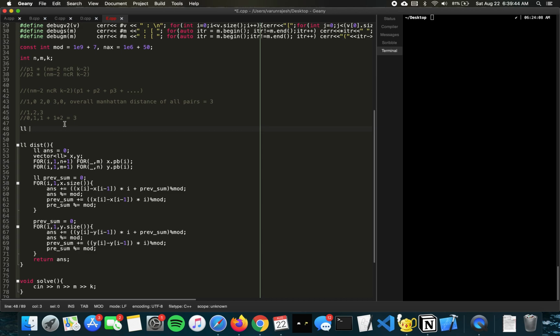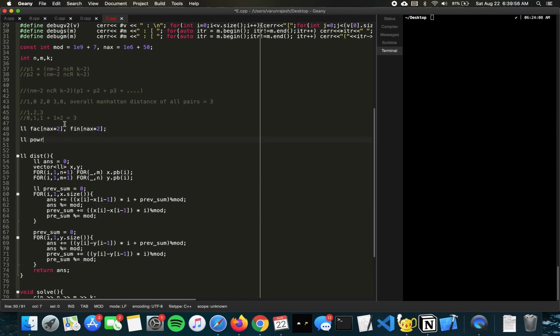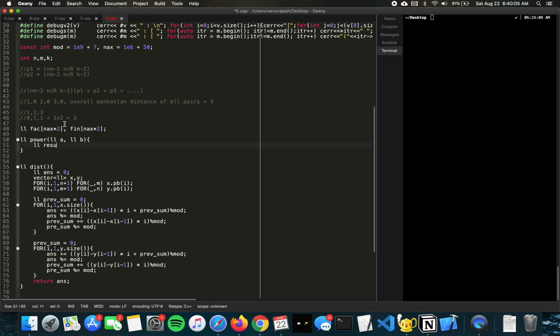And then fac of size max times 2 and fin of max times 2. Okay, so then we calculate power in log time, so that would be long long power, A, B, long long result equals 1.